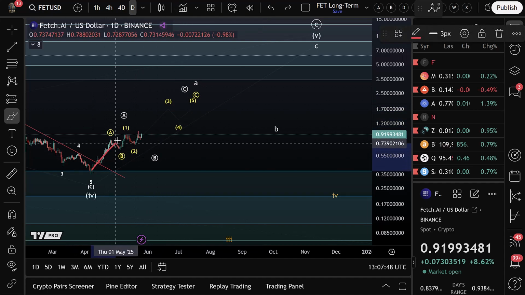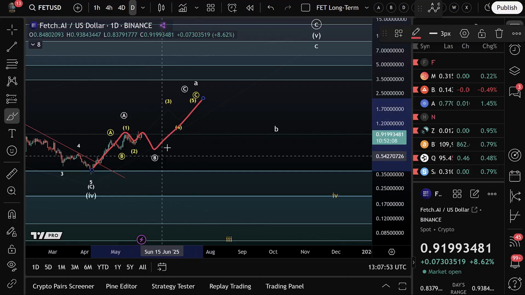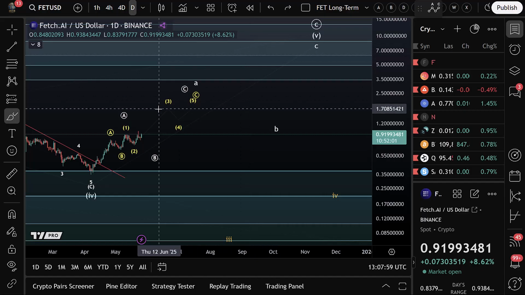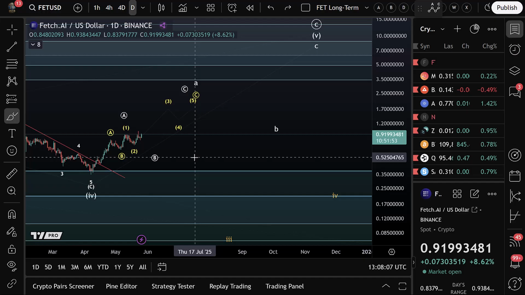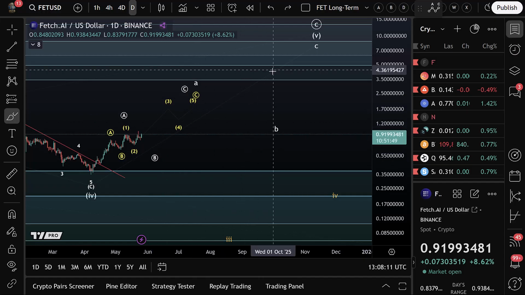Or we have a 5-wave move up, and then we get a bit of a deeper pullback before we continue higher. But really, as you can see, the difference between these two scenarios is minor. Overall, we're looking for higher prices, and I share with you on the smaller time frame the support level that must hold to keep the overall bullish scenario alive.